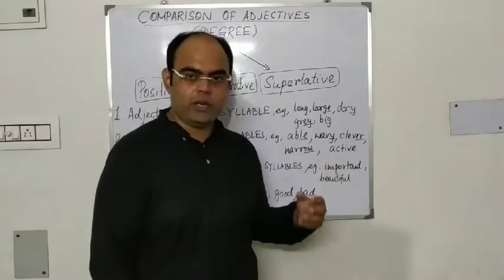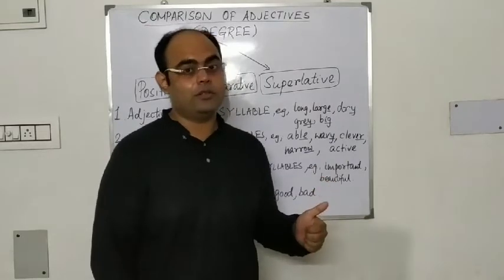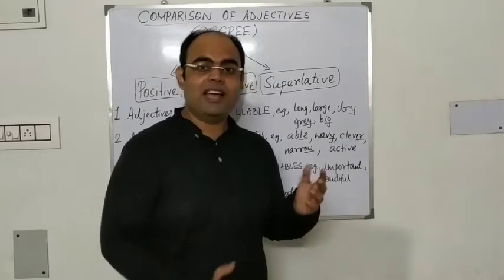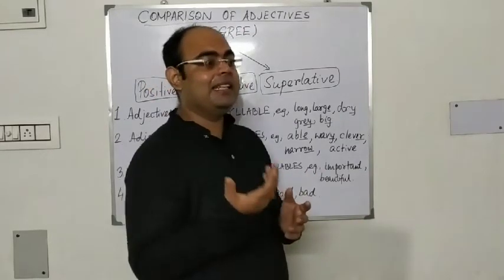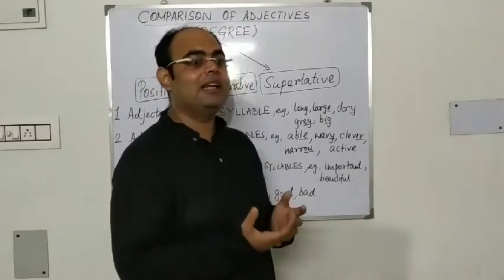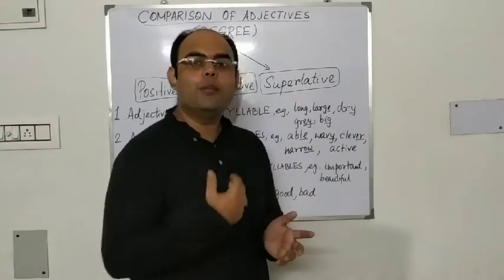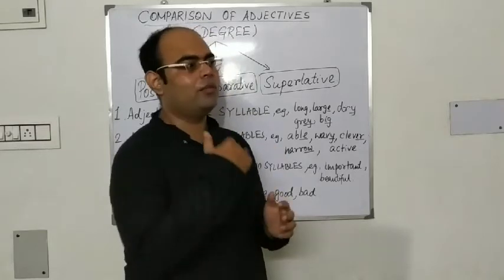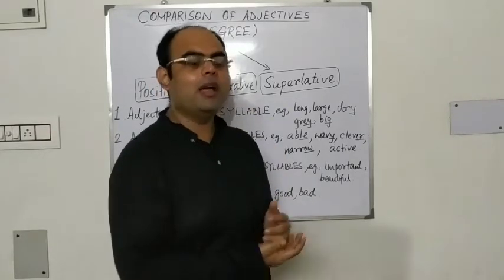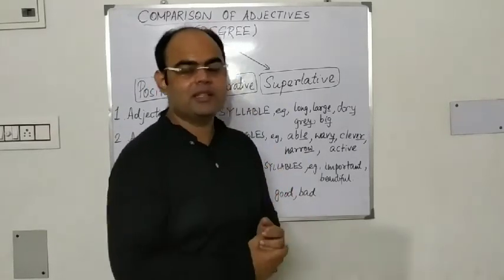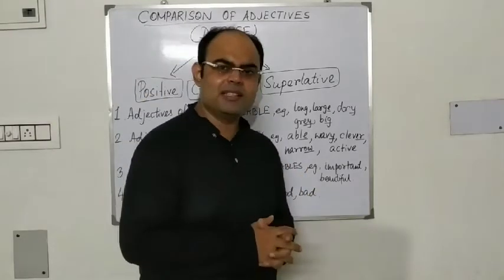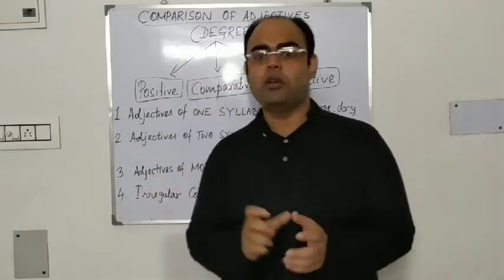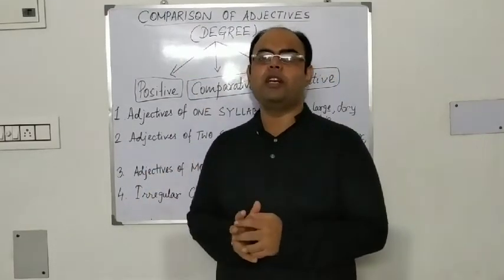We'll add before it more or less in case of comparative degree, and in case of superlative degree, we will add before the word most or least. More and most for showing something more, and less and least for showing something less. So this is the case. These were the actual rules of changing the words from one form of degree of adjective to the other.